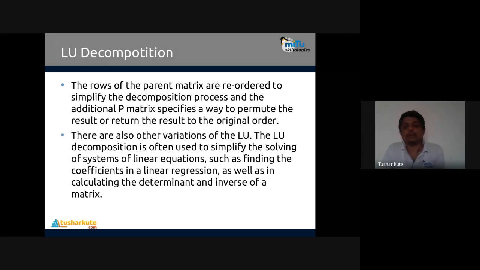The rows of the parent matrix are reordered to simplify the decomposition process, and the additional P matrix specifies a way to permute the result back to the original order. That is what LU decomposition will do. There are other variants of LU possible. They are often used to simplify solving systems of linear equations, such as finding the coefficients in linear regression.